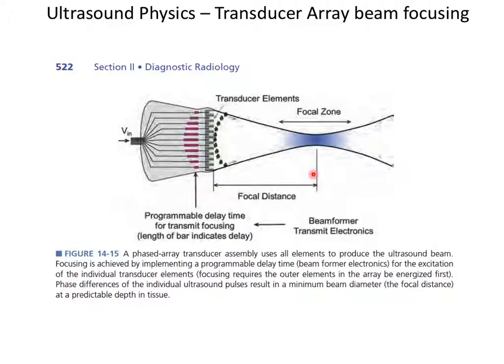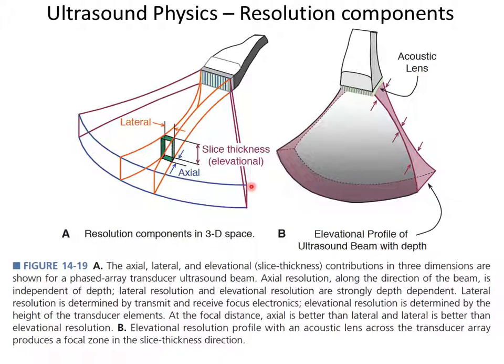Okay? And so now I've accumulated my energy at a specific focal distance, right? Is there anything else to talk about there? Going back to that original picture, here's usually the phased array of transducers.